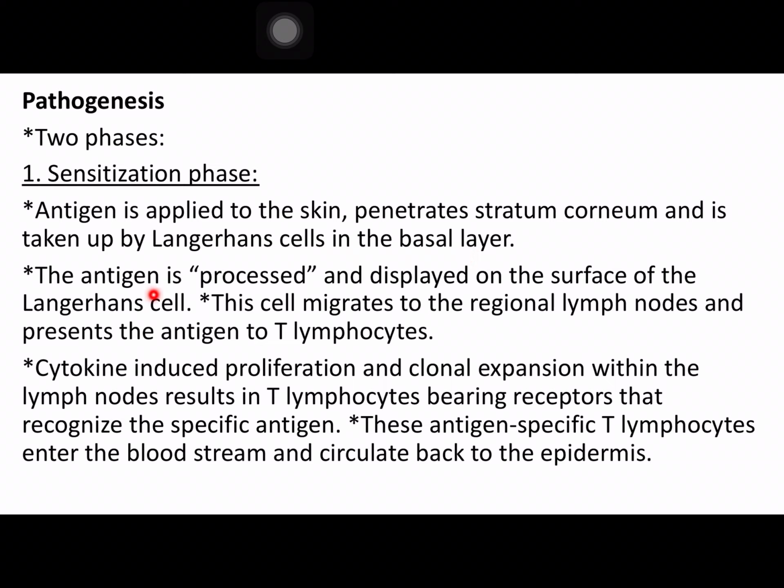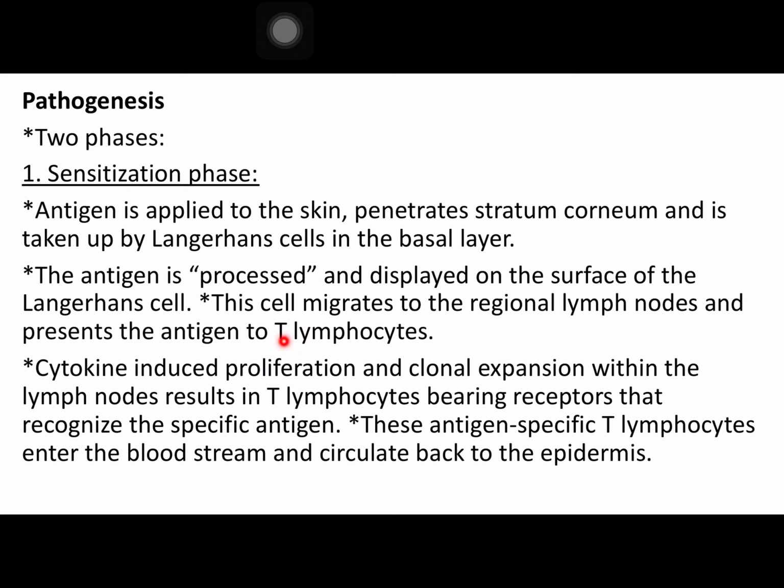The antigen taken by the Langerhans cell is processed intracellularly and then redisplayed on its surface. Then these cells migrate to the regional lymph node and present the antigen to the T lymphocyte.